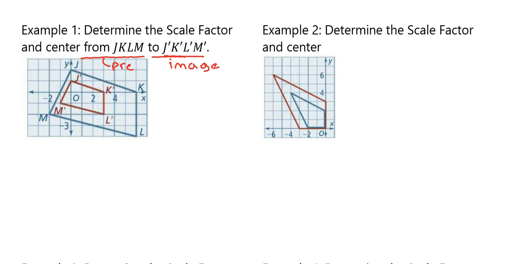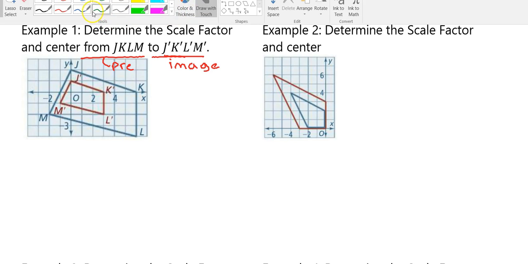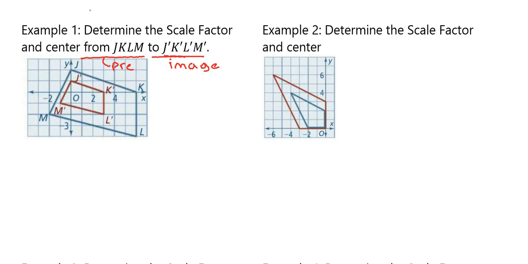My pre-image is the blue one, and then it went to this. So my pre-image is bigger going to my smaller image, so this is a reduction. The image got smaller.